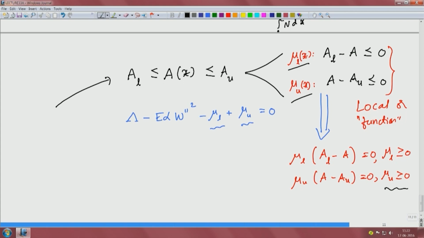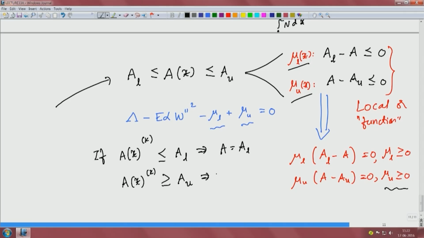In that case, area of cross section is already known, because if A of x at the kth iteration, numerically, is less than or equal to A_L, then you simply say A equals A_L for that value of x.